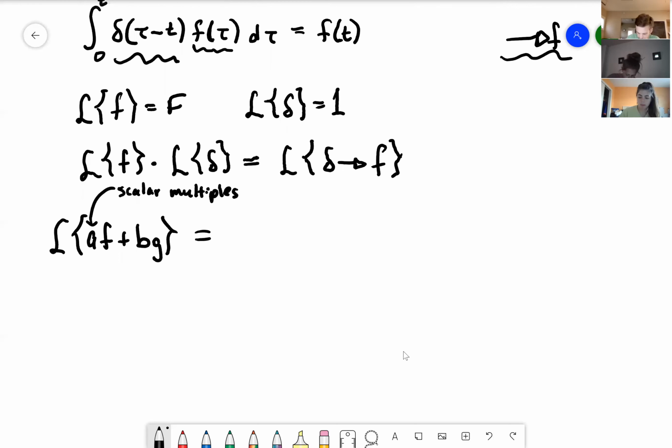We saw because of the linearity of the Laplace transform that it commutes with addition and scalar multiplication. These are constants, something that's scaling the output of the function by some real number.